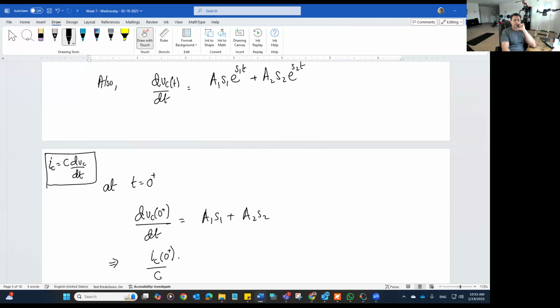So at 0 positive, what is the value of the capacitor current? A1 s1 plus A2 s2.